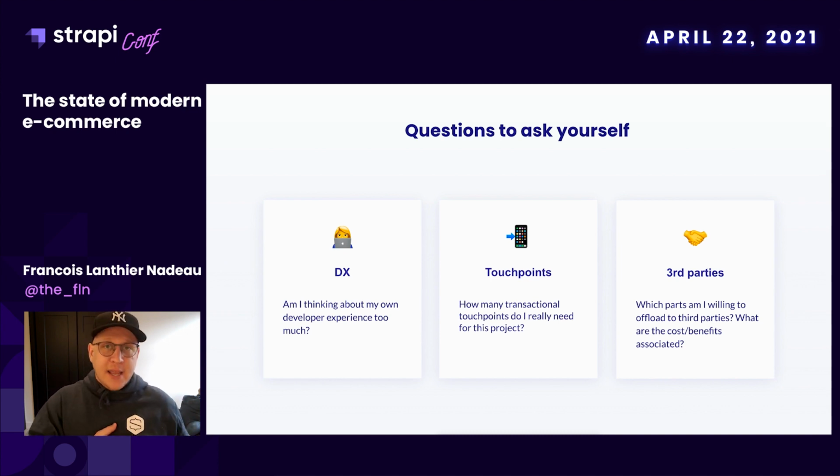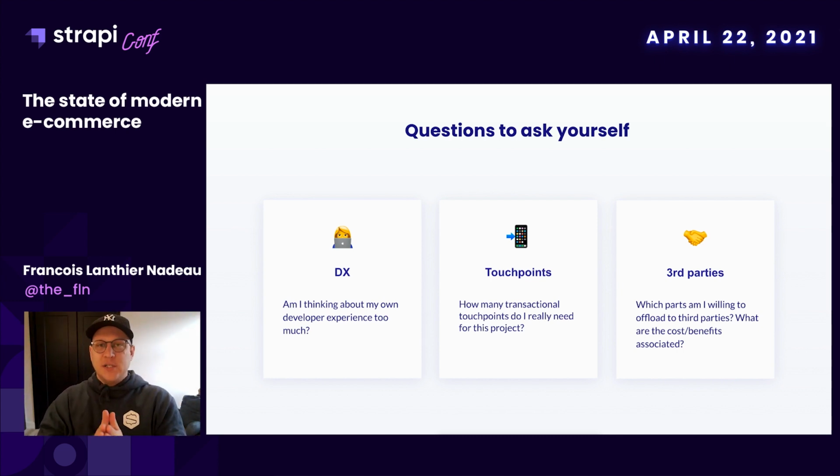But at the end of the day, this e-commerce project isn't about you, it's about the merchant. So you want to check yourself and make sure that DX isn't weighing too heavily in your decision. That's good advice to keep in mind.